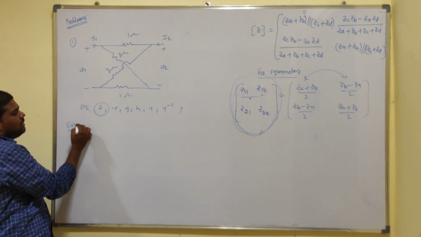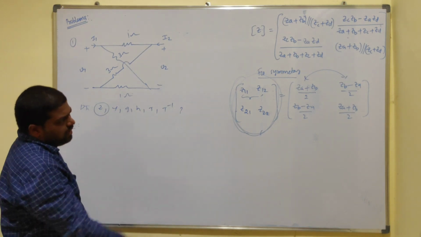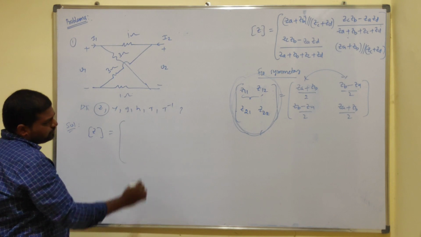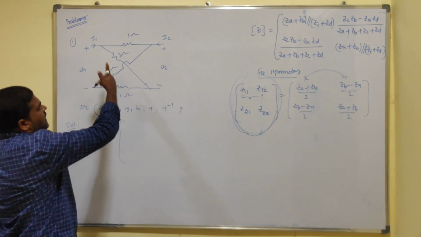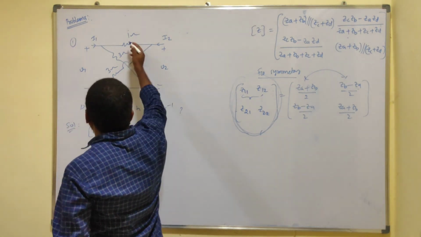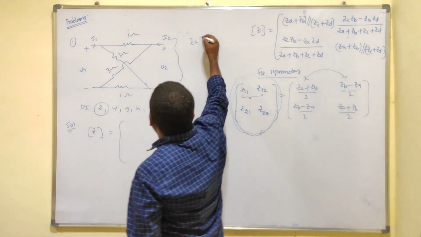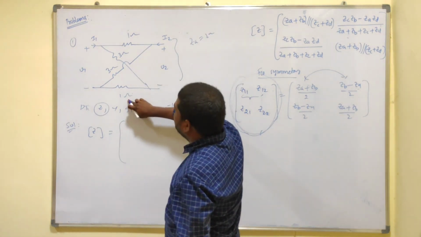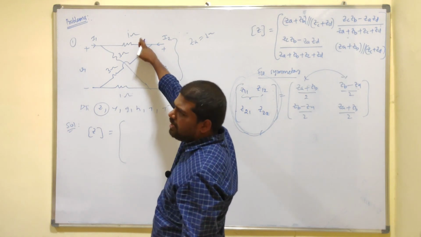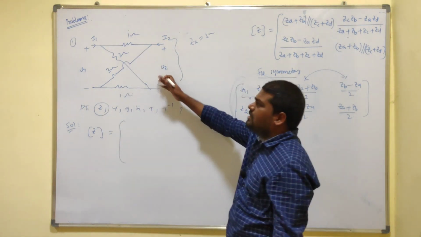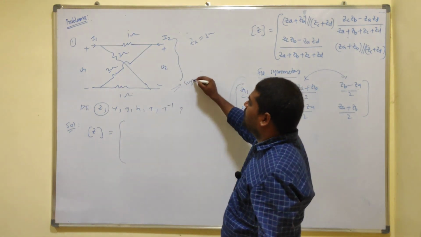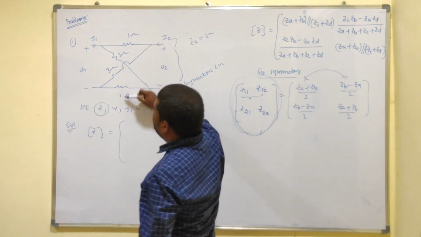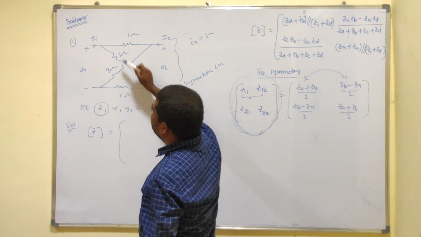Already we know the formula, right? So z parameters: the Za value from this network is 1 ohm, and Zd equals Za, so it is symmetric. This network follows the symmetric condition because these two elements are the same: Za equals Zd and Zb equals Zc.